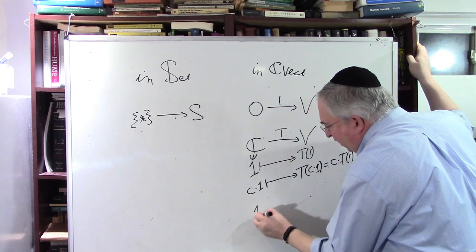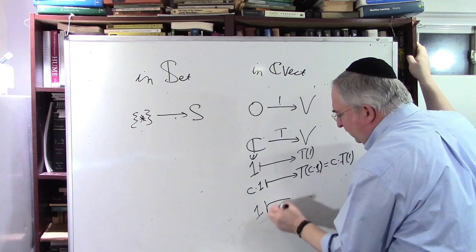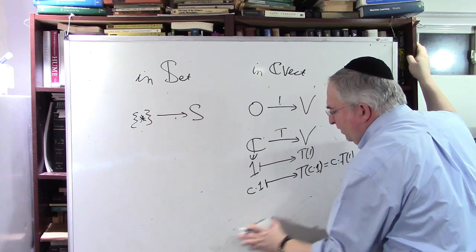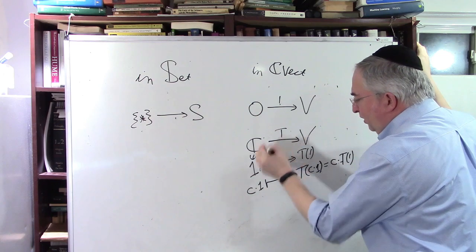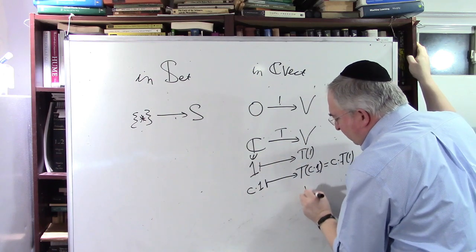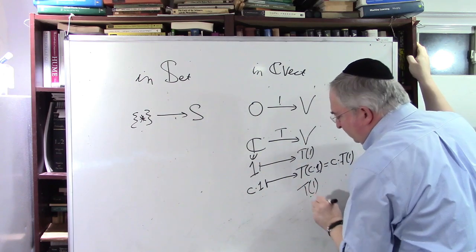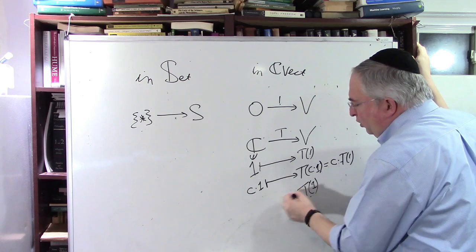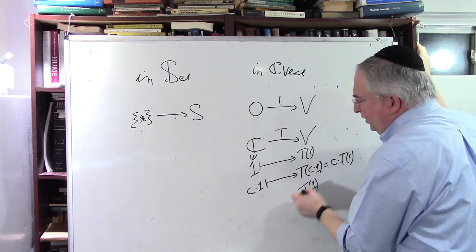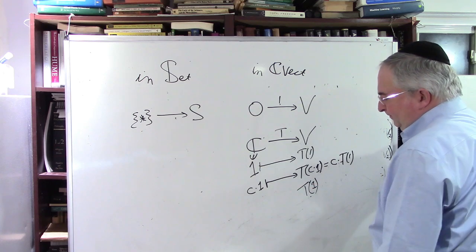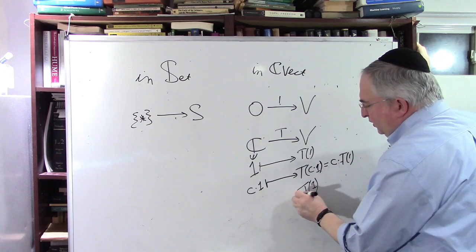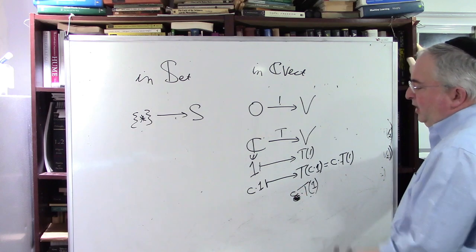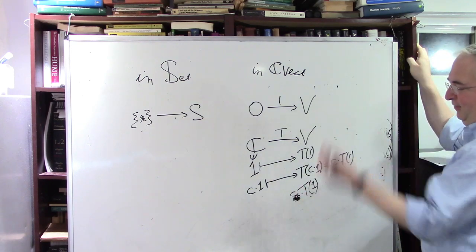For every 1, basically, the output of this is T of 1, okay, and all complex multiples of T of 1, all scalar multiples of T of 1. So it picks out a whole array of vectors.